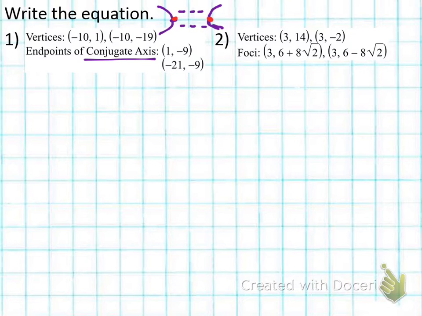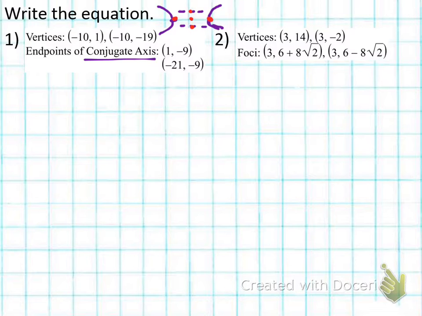So the endpoints, you know how we graph the center, we go to the right and left, and then we go up and down. The ones that have the curves attached to them, we call the vertices, and the other 2 points we call the endpoints of the conjugate axis. So that would be like this, and this would be the endpoints of the conjugate axis here.